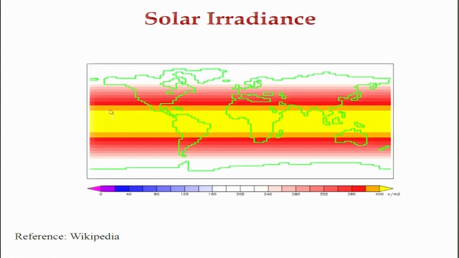The yellow band and the orange band pass through a large part of Africa, Mediterranean and India. India is very lucky to be on the part of the planet where solar irradiance is extremely high, and this is what makes India an exciting destination for the deployment of solar technologies.